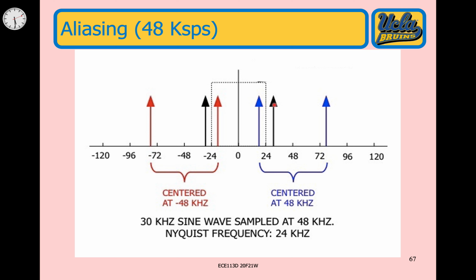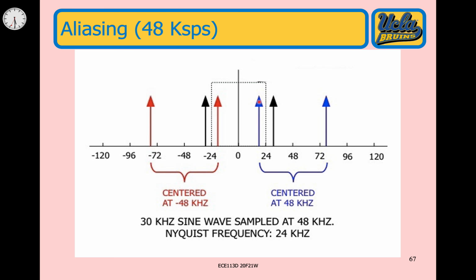It's actually 30, but it looks like 18. And the Nyquist frequency can be called the folding frequency, or sometimes the mirroring frequency, or there are lots of different names for it. So there's your anti-aliasing filter.